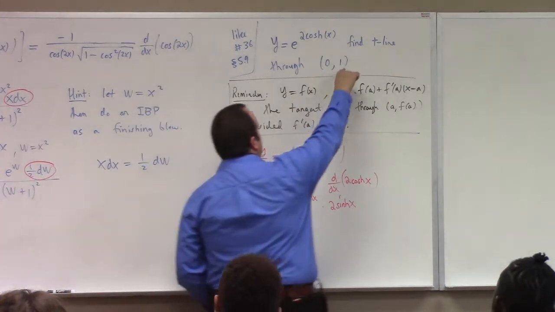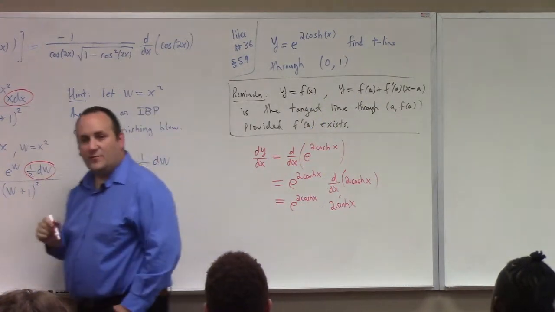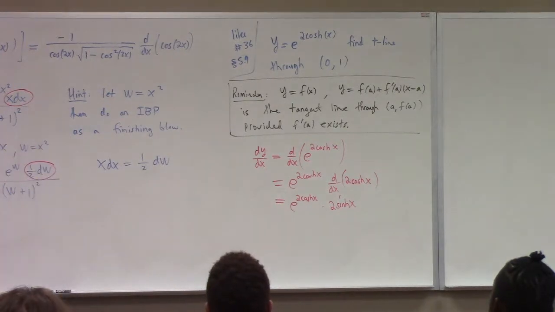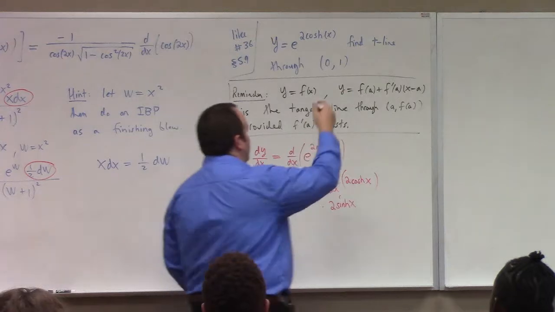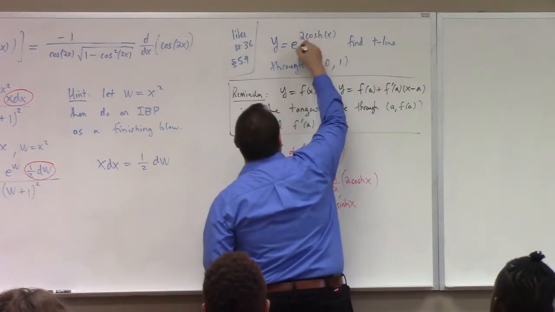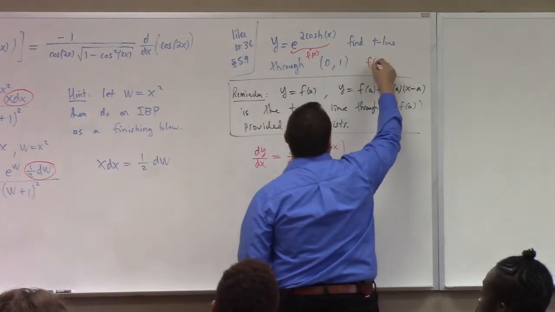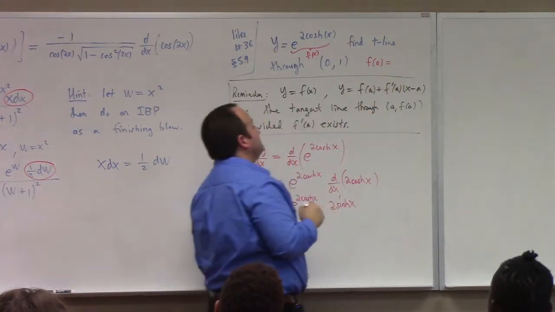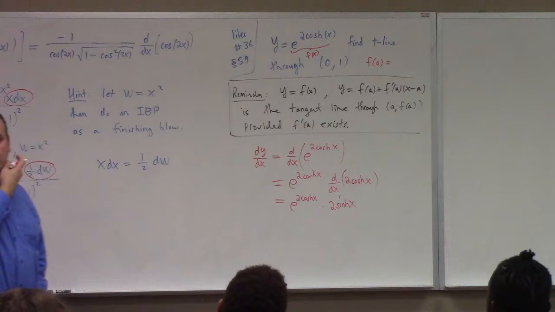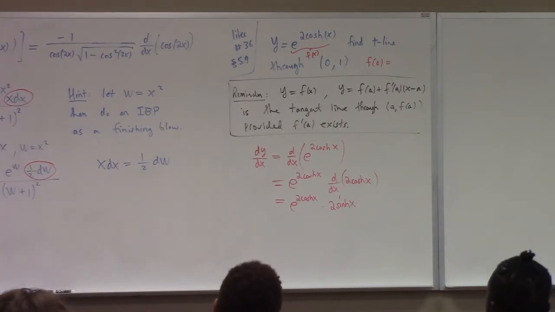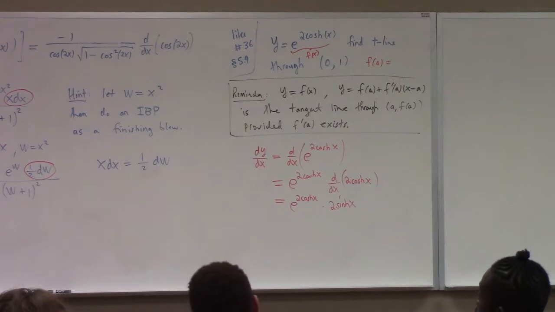So is this right? Is that actually a point on the graph? If I say that my slightly modified problem here, I'm calling this thing f of x, what is f of 0? What's cosh of 0? 1. Yes. So what's e to the 2 times 1?